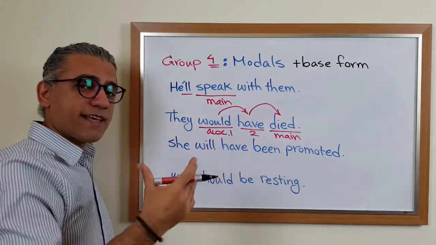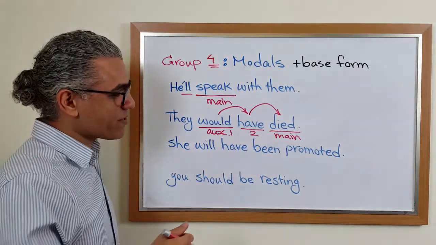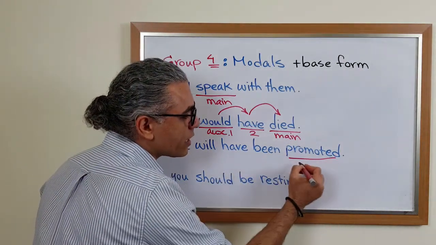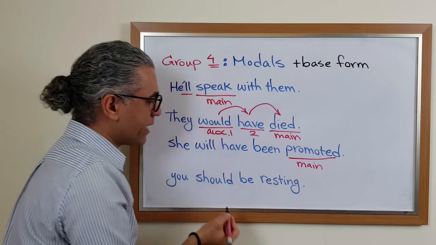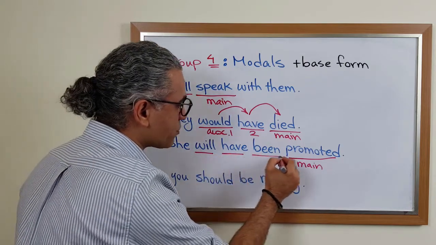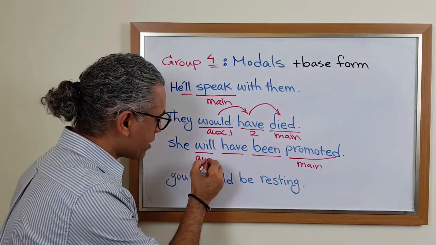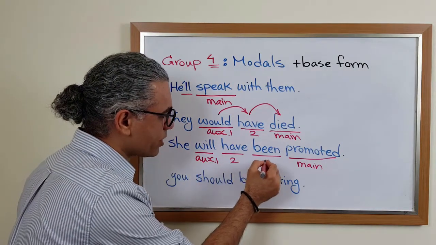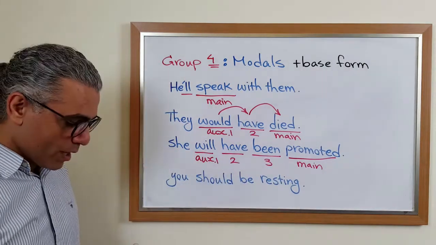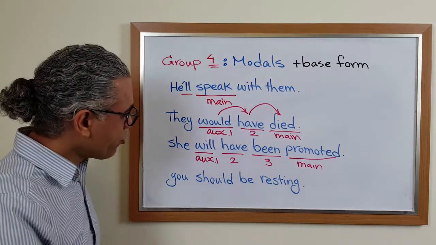Look at this one, a sentence with 3 auxiliary verbs. Again, promote in here is our main verb, and will, have, and been, all of them are our auxiliary verbs. This is auxiliary 1, this is auxiliary 2, and this is auxiliary 3. And look, a very interesting point.